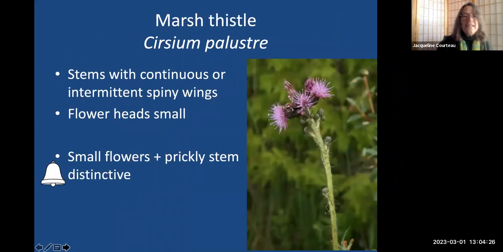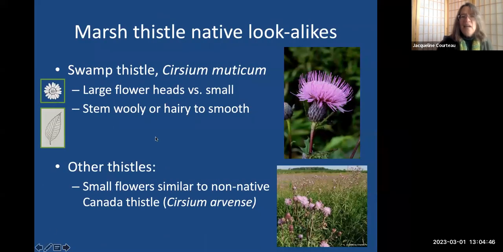Finally, just briefly, marsh thistle, Cirsium palustris. The combination of small flower heads and prickly stem makes this distinctive compared to other native and invasive species as well. So let's look at a couple of those. Our native swamp thistle, Cirsium muticum, has big flower heads, and the outer part of the involucre is sticky.